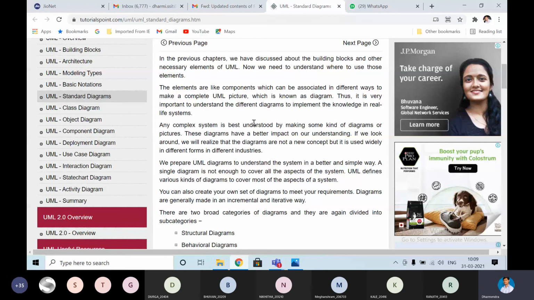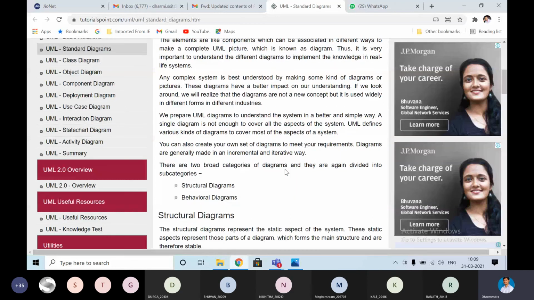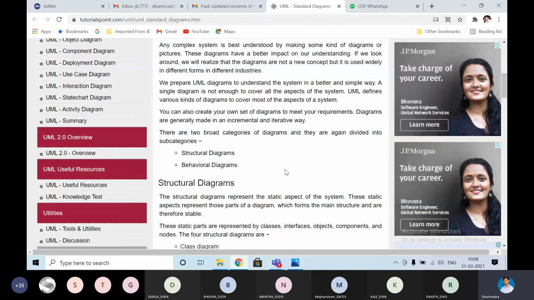Any complex system is best understood by making some kind of diagrams or pictures. With that we can easily understand. That's why even for software development, people will consider this design.